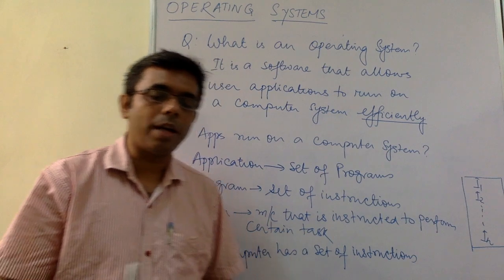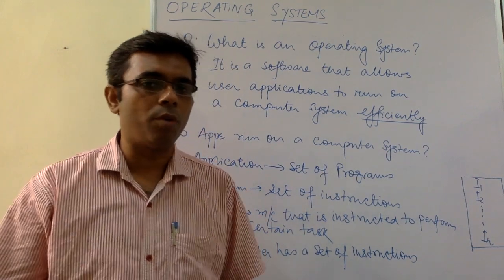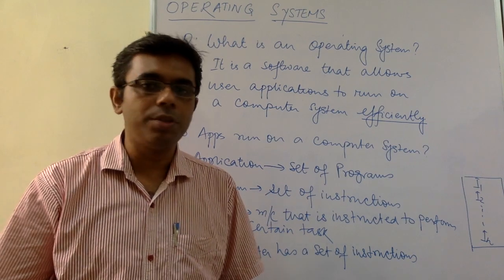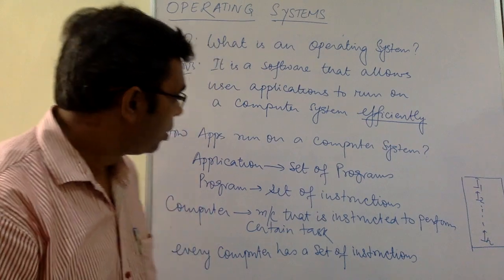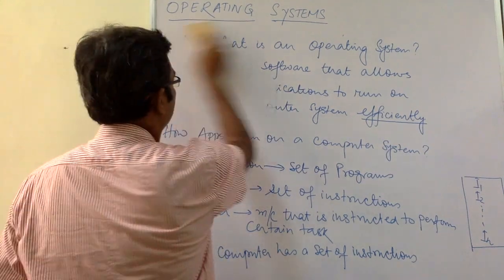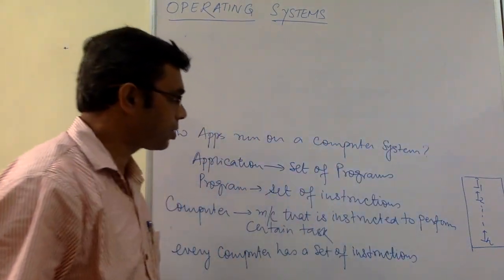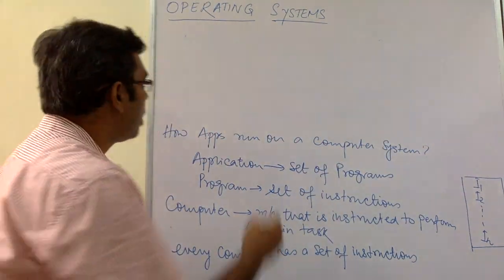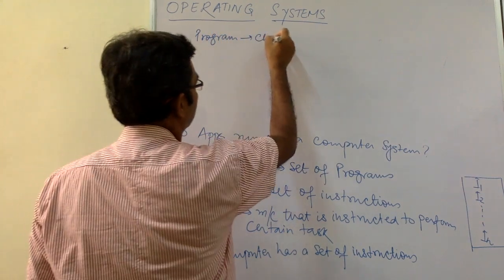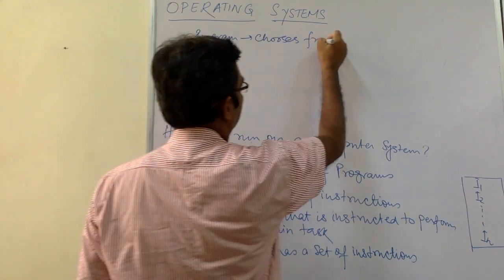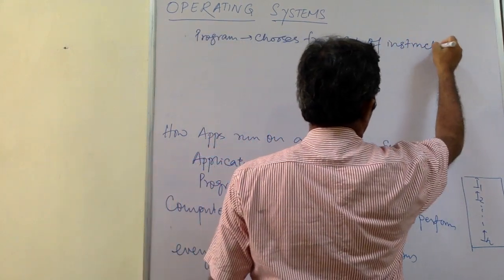So whatever task you would like that particular machine to do, from a very simple calculation to a more advanced stuff, you have to use these instructions. That's what it is said. Okay, fine. So if a machine has a certain specific kind of instructions, a program chooses from the set of instructions, right?